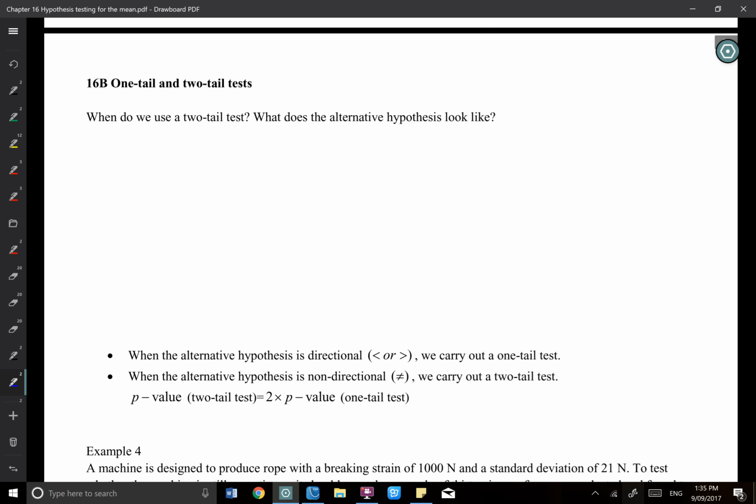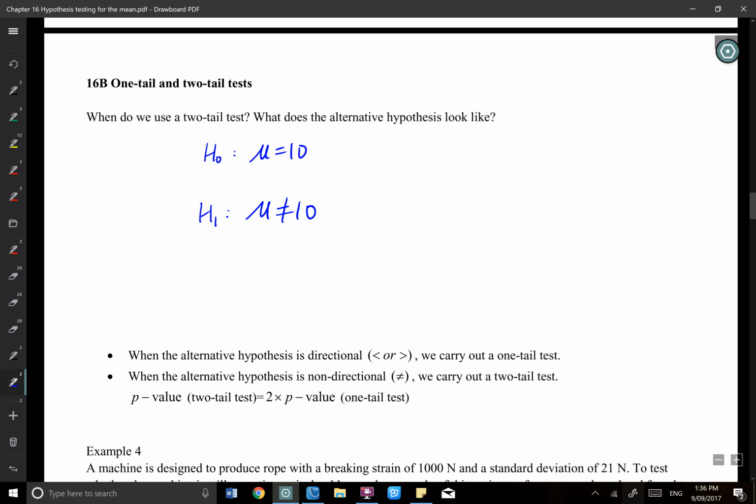A one-tail test is when I suspect the true mean is larger than the original value, or the mean is less than the original value. It's absolutely larger or absolutely smaller. For a two-tail test, say H0 is mu equals 10, but I suspect mu is not equal to 10.